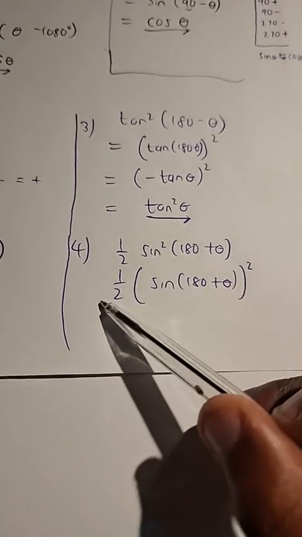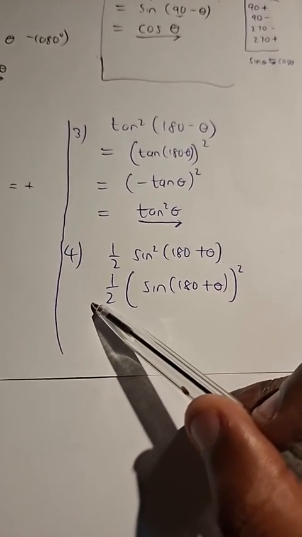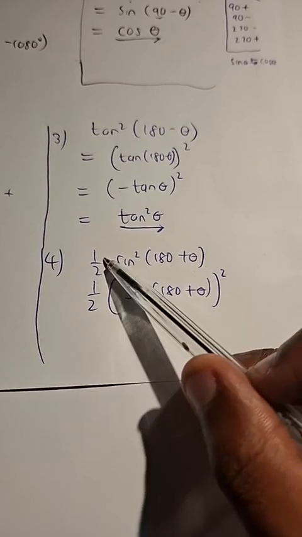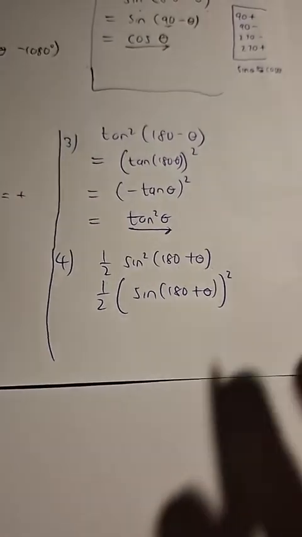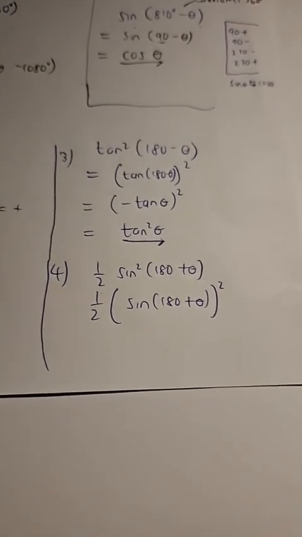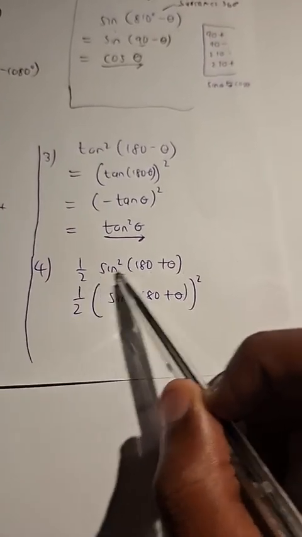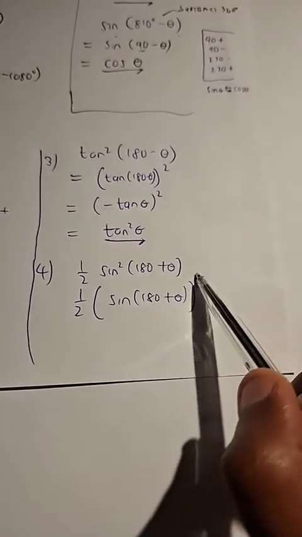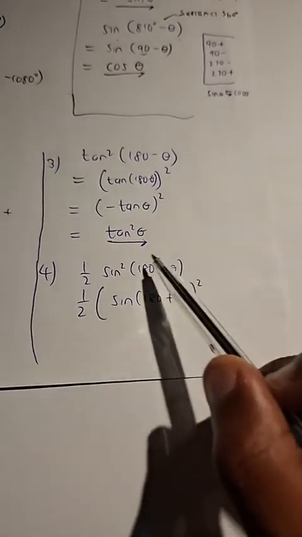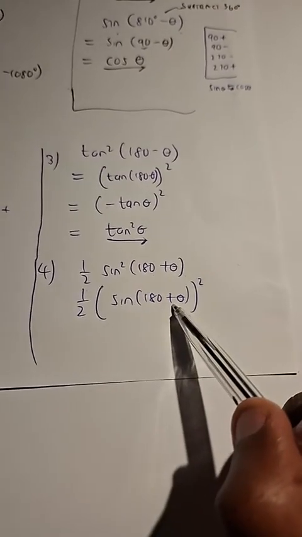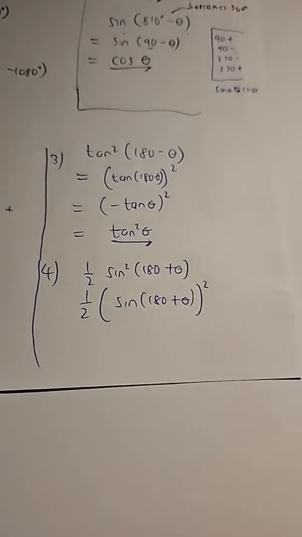It is excluded. I want you to note that the coefficient of the trig ratio is not included as part of what we need to square. We square only the trig ratio and its function value, which is very important.